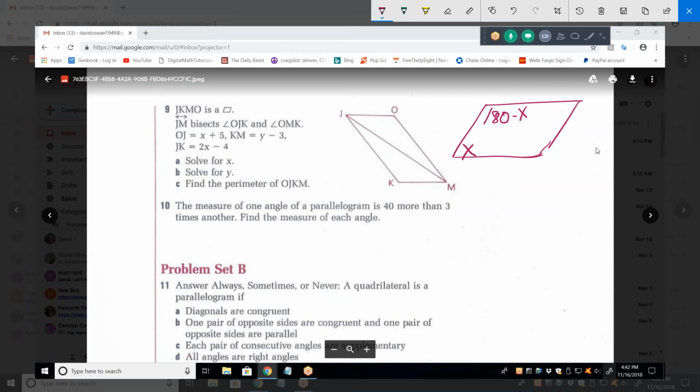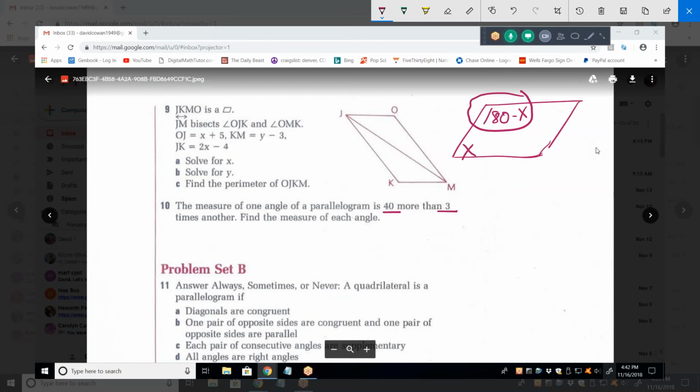Okay, now what can I say? Now that I got my angles defined, the measure of one angle is 40 more than 3 times the other. Well, the way I've drawn it, which angle is that going to be? That's going to be the X. Now, I've made that the biggest angle, the way I've drawn it. And since one angle is 40 more than 3 times the other, that's got to be the biggest angle.